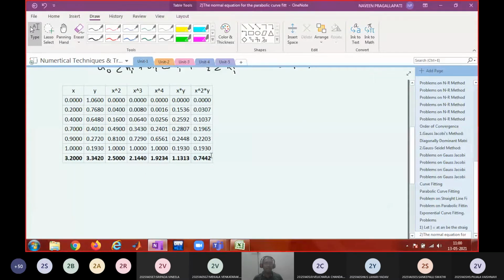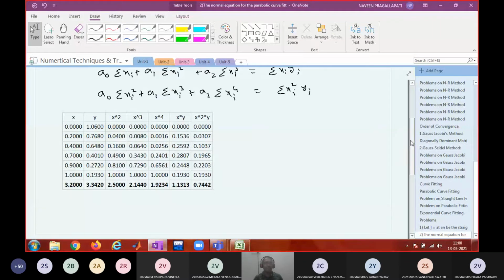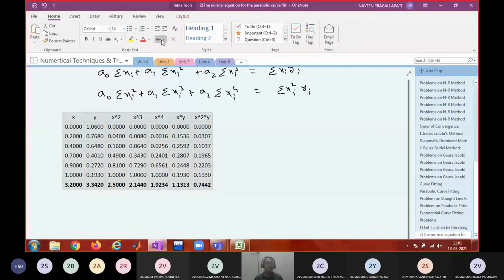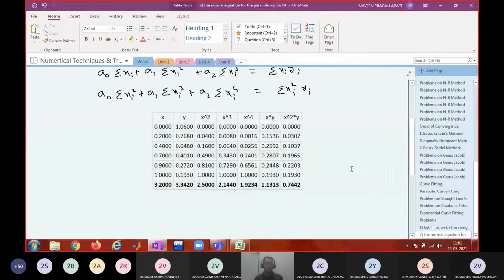So I prepared an Excel table formula and arrived at these values. Did you get these values, similar values? All the decimals are rounded to 4.